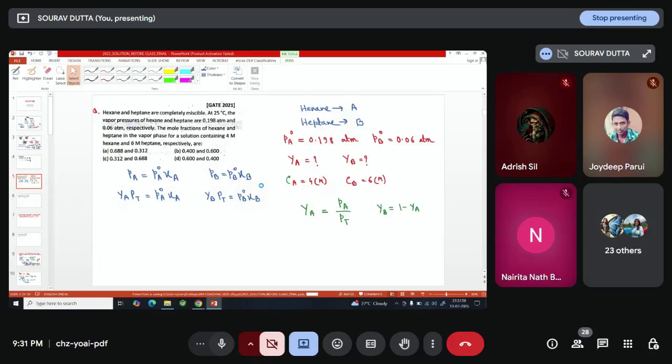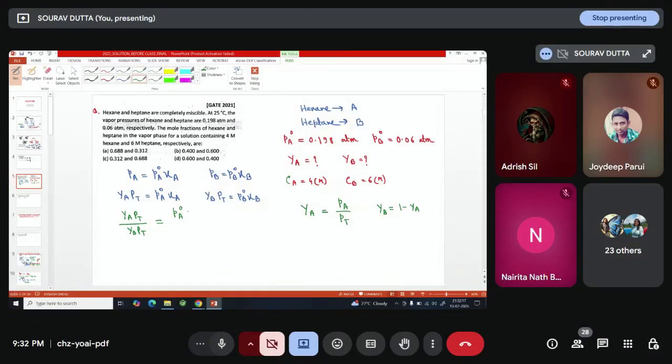Okay, fine. Now you can take the ratio of both of them. So YA PT divided by YB PT, because total pressure we don't know.